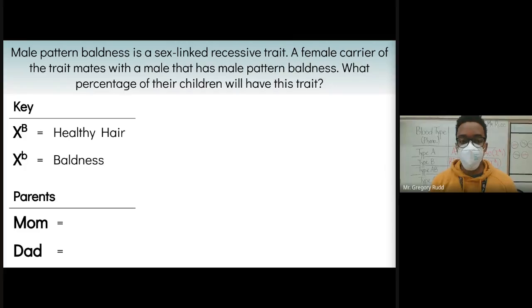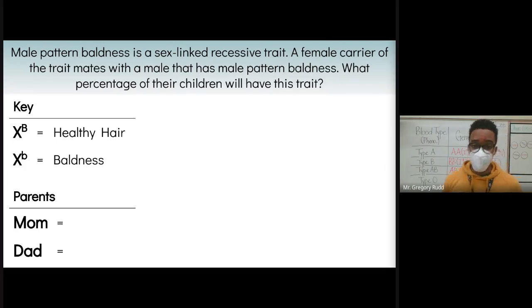The next thing we need to do is find out information about the parents. We need to know the parents' genotypes. So what does it tell us about the mother in this background information?